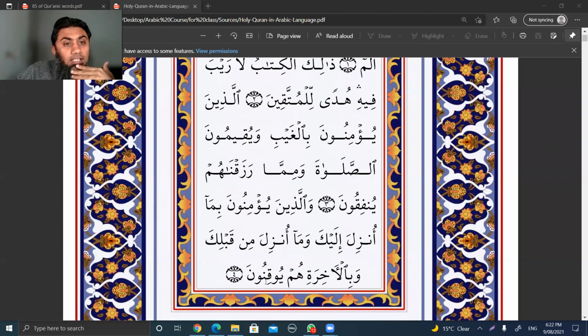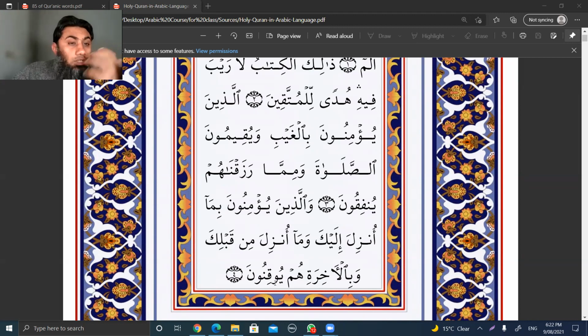Yukinuna: the actual word is yakin. Yakin means to have certainty, to be certain about something. Yukinuna is number 3 in the mudare chart, which means the hidden pronoun is hum, which means they. Let's translate it: they are certain, or they have certainty.